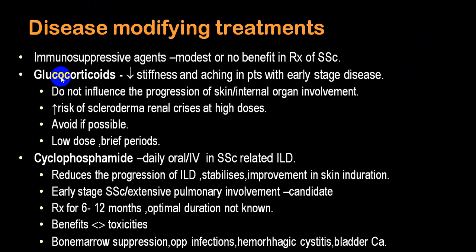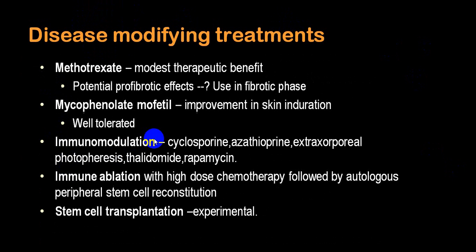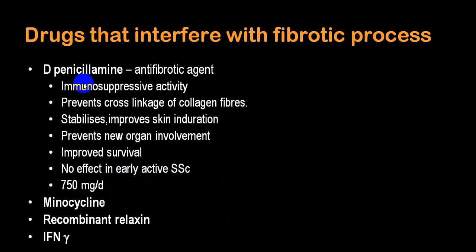Most commonly glucocorticoid is very frequently utilized, and cyclophosphamide, and occasionally methotrexate, which is not so prominent. Immunomodulation can also be utilized by using azathioprine, cyclosporine, etc. Or you can go for immune ablation by high dose chemotherapy. Stem cell transplants are also being done, but they are on experimental ground.